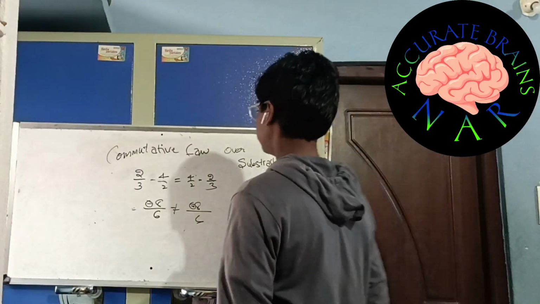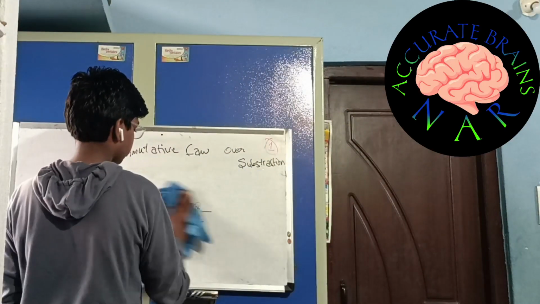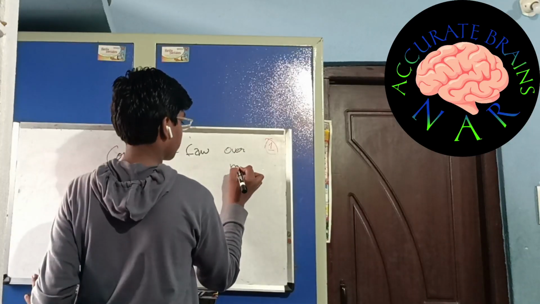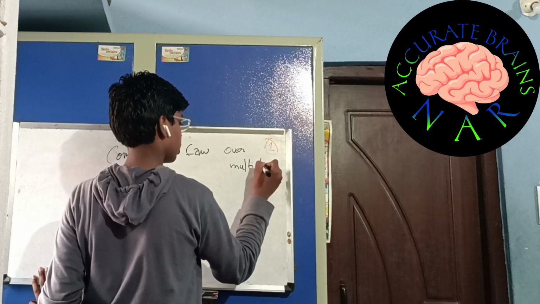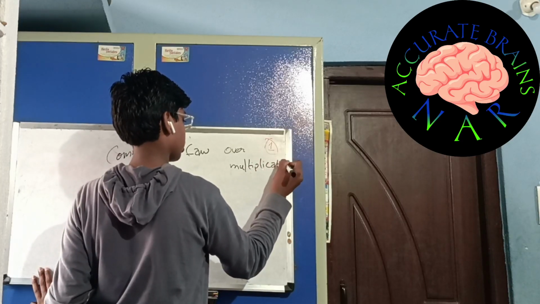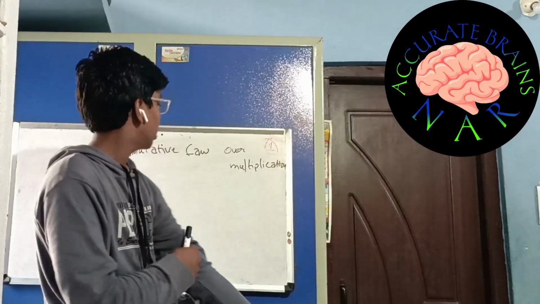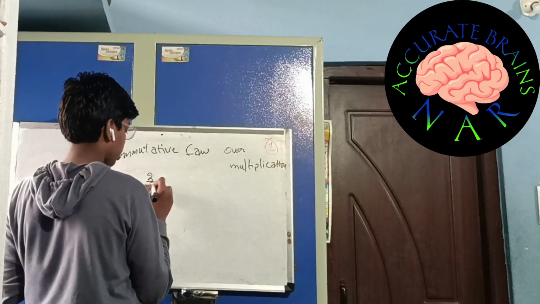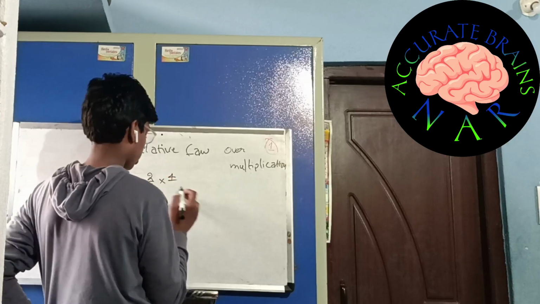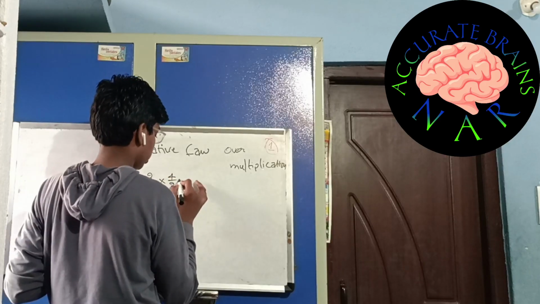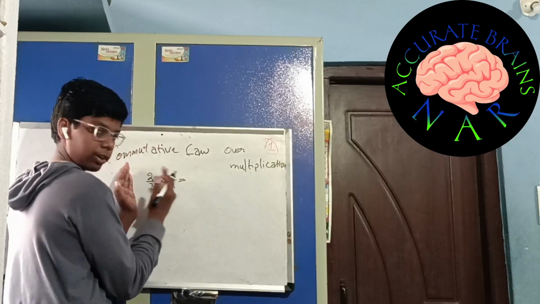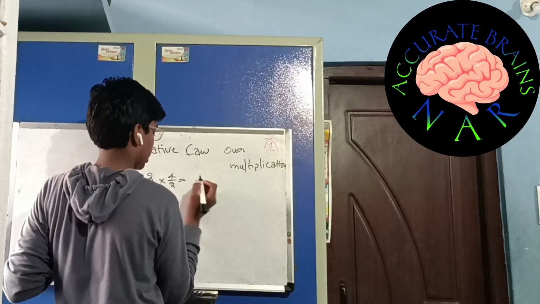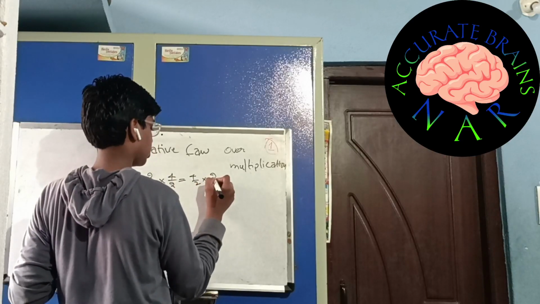Let's go to multiplication. Commutative law over multiplication: if we multiply two rational numbers, it should be equal to the multiplication in reverse order, so 4 by 2 into 2 by 3.